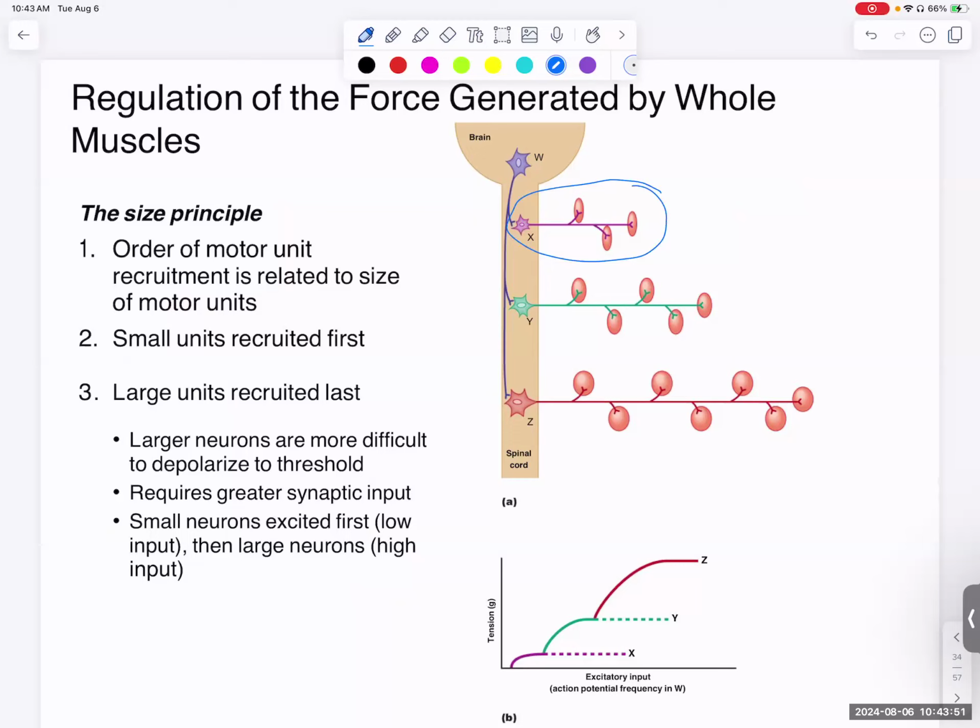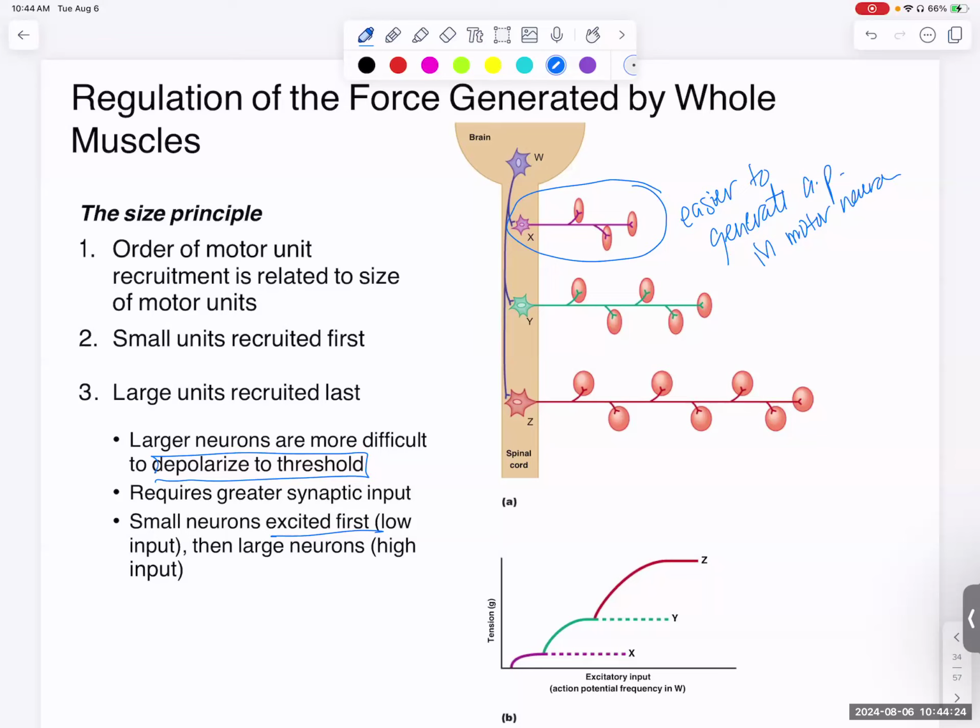It innervates only a couple muscle fibers, but it's really easy to generate an action potential. As they get larger, it's more difficult for that motor neuron to reach threshold. And so we see that small motor units are easier to generate action potentials in that motor neuron.